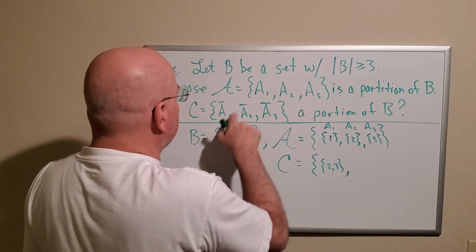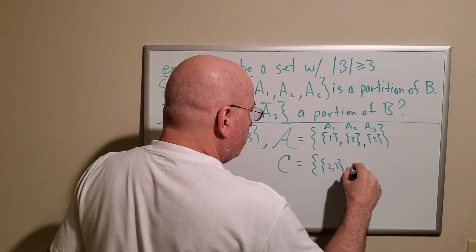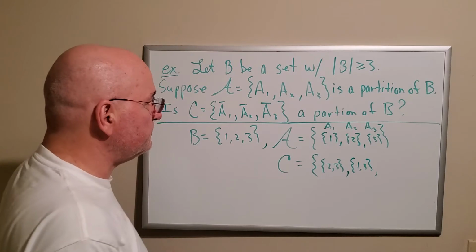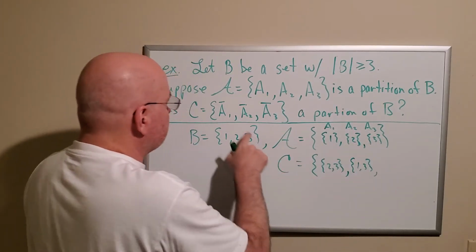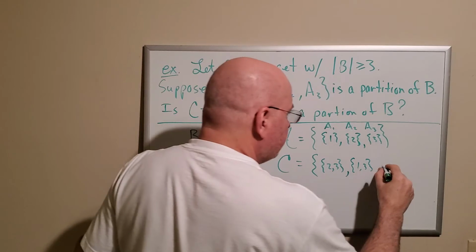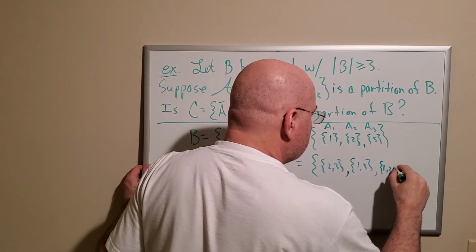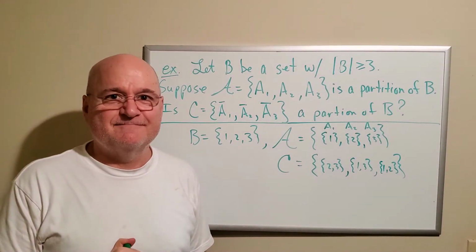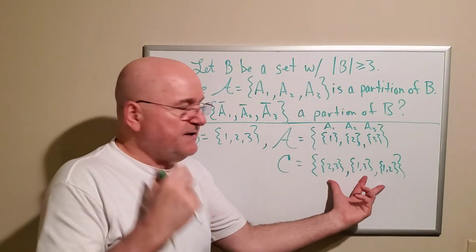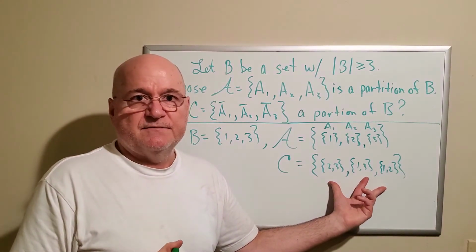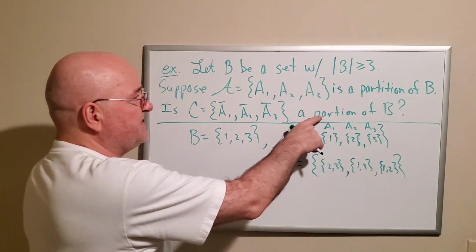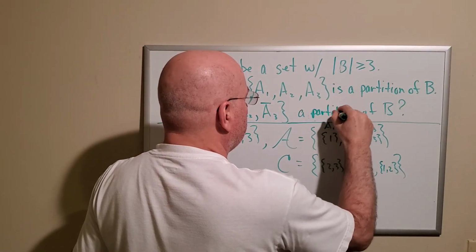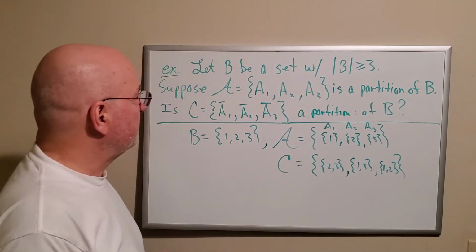If A2 is 2, then A2 bar is going to be 1, 3. And the set A3 is 3, so A3 bar is going to be 1, 2. And hopefully you know the answer now. These 3 sets are not disjoint. So they cannot be a partition of the set B.